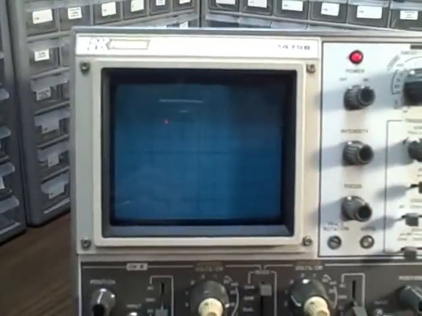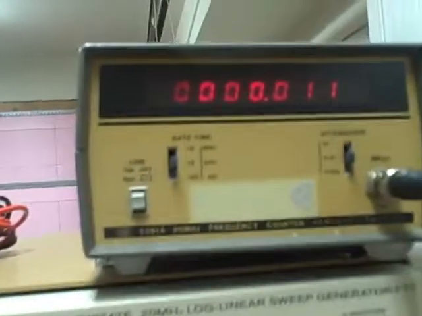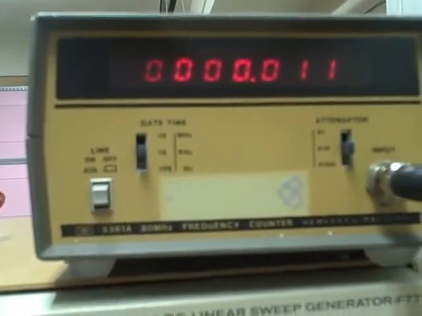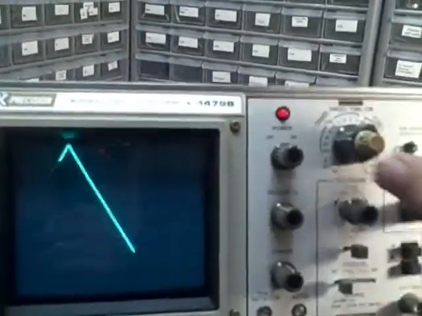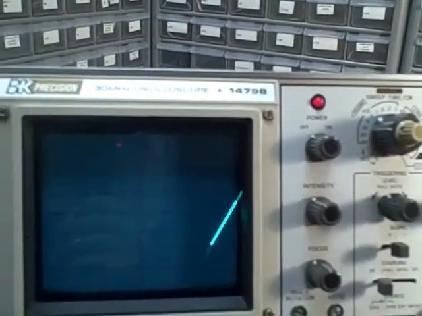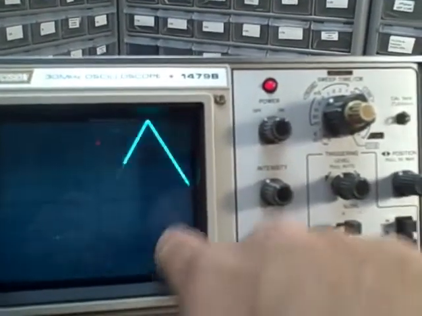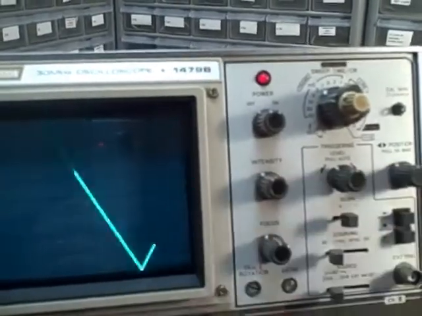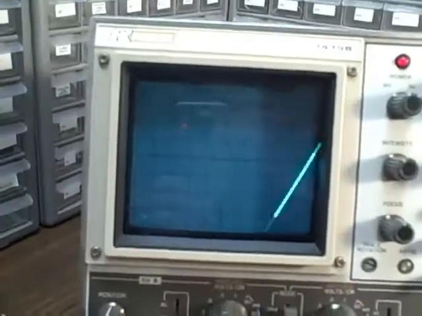Right now I'm feeding in a 10 hertz signal. Between 10 and 11, it varies slightly. We'll say 11 hertz, but on the scope, on 10 milliseconds per division and 10 divisions, that's 100 milliseconds, that would be 10 hertz. And we are filling up the entire amount.